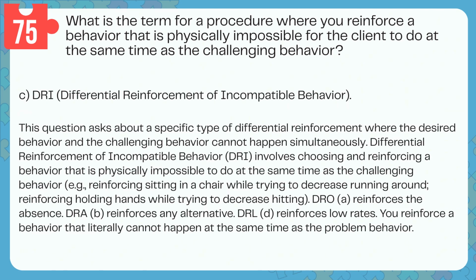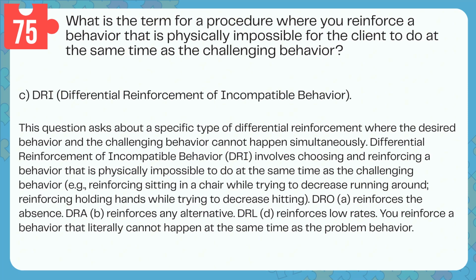Answer: C. DRI, differential reinforcement of incompatible behavior. This question asks about a specific type of differential reinforcement, where the desired behavior and the challenging behavior cannot happen simultaneously. Differential reinforcement of incompatible behavior, DRI, involves choosing and reinforcing a behavior that is physically impossible to do at the same time as the challenging behavior, for example, reinforcing sitting in a chair while trying to decrease running around, or reinforcing holding hands while trying to decrease hitting.